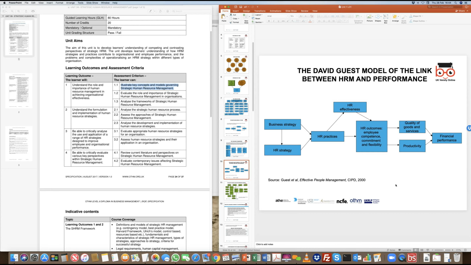And the reason for creating this structure is that when the David Guest model study was introduced, they said that HR is the one which is able to create a link between performance and strategy of the organization. So the board creates the plan, but who breaks the plan down for individual departments, individual persons?